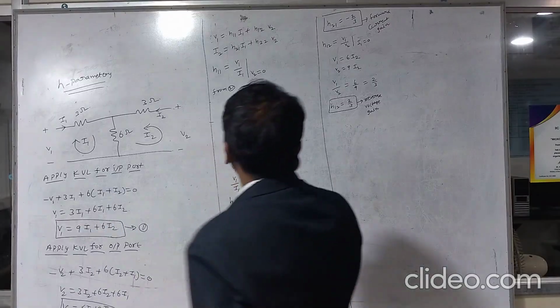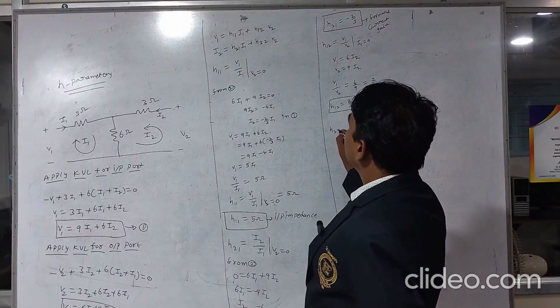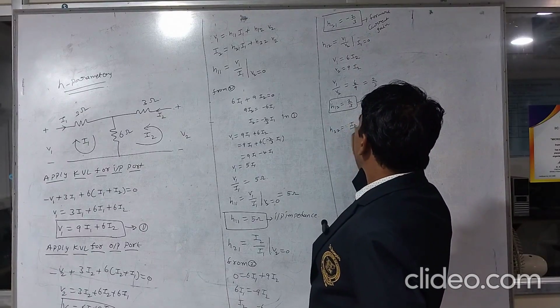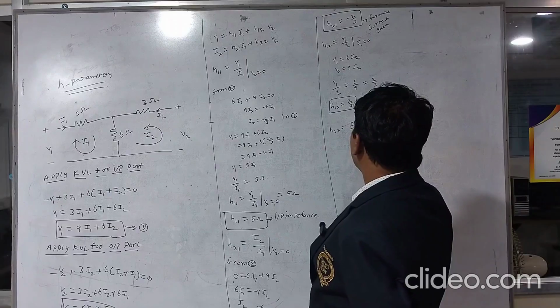And the last thing, H22, right? So H22 is nothing but the output admittance, I2 by V2, where I1 equal to 0.